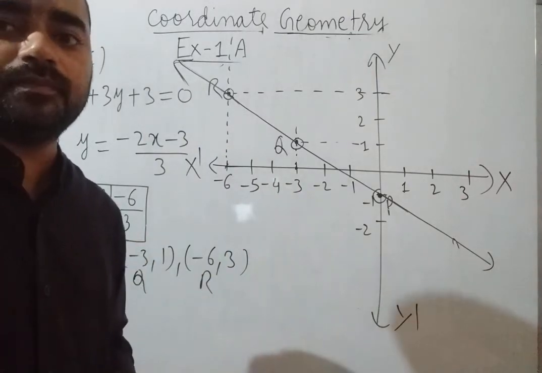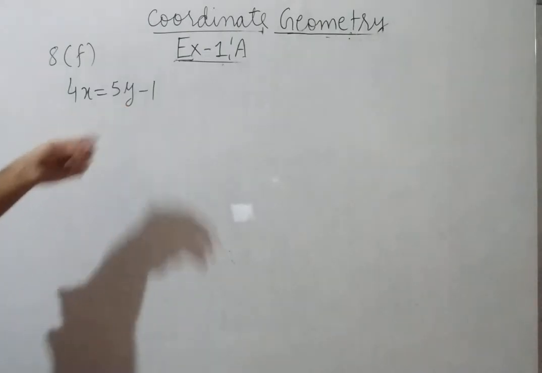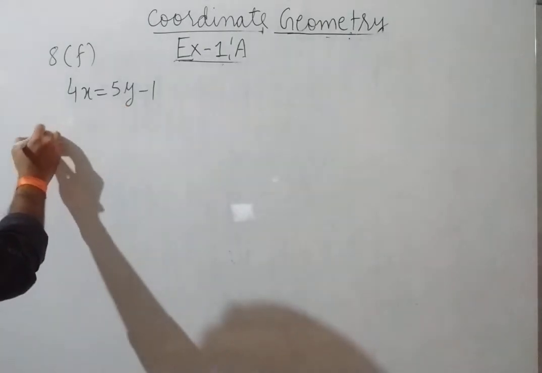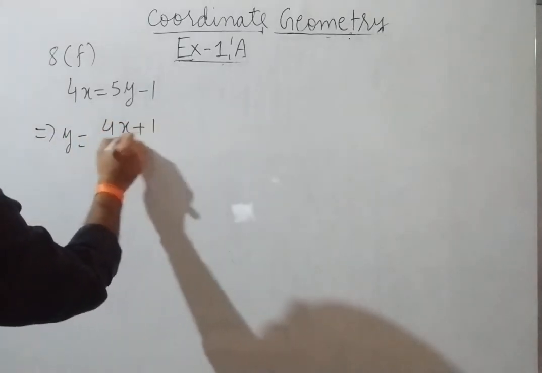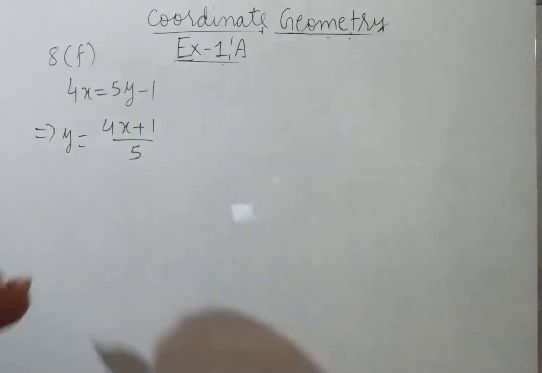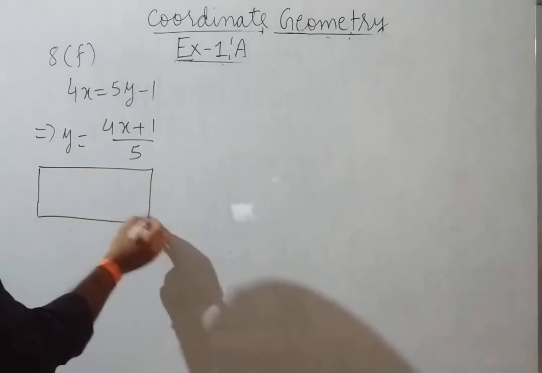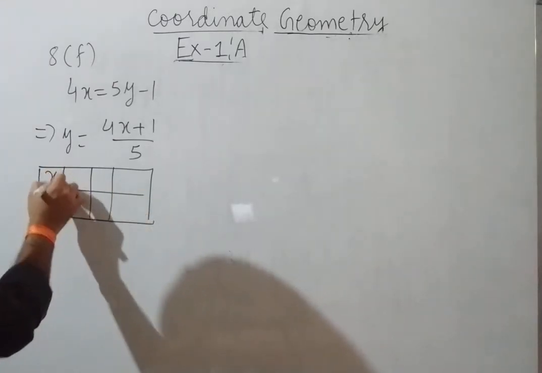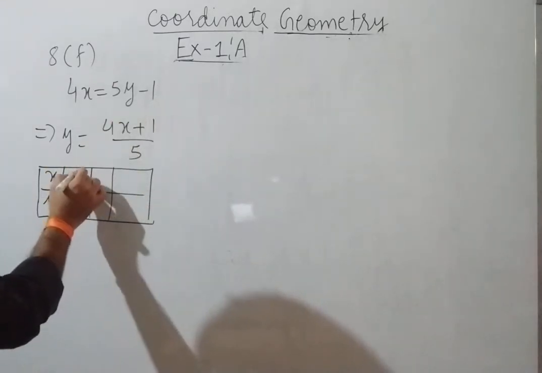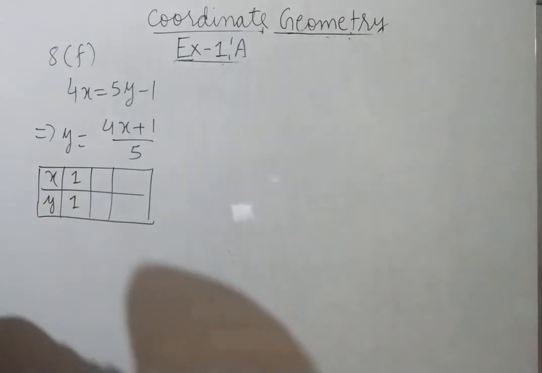Next is 4x is equal to 5y minus 1. So y will be (4x plus 1) upon 5. So we can find the ordered pairs. We cannot take x is equal to 0, but if you take x is equal to 1, that will give y is equal to 1, correct?